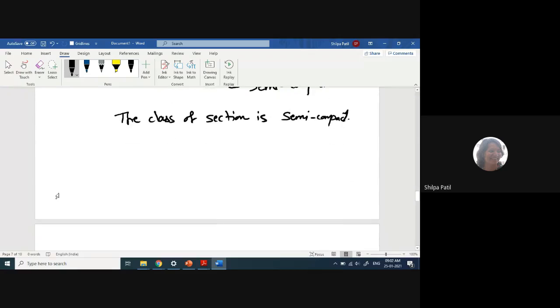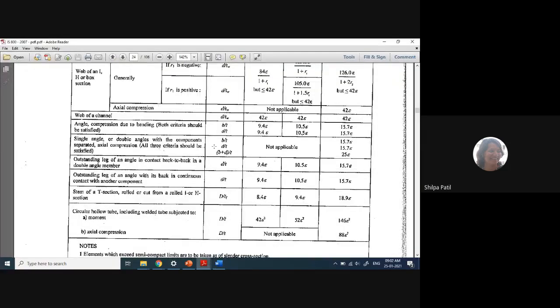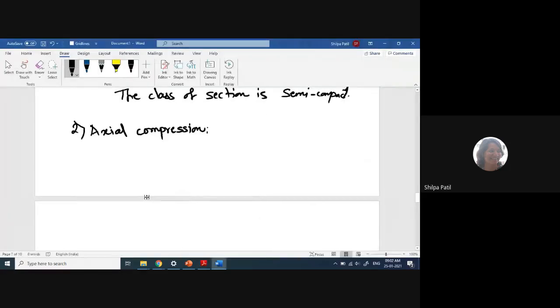Then the second case, axial compression. What are the criteria now for axial compression? B by T, D by T, and B plus D by T. So we'll write down these values here.